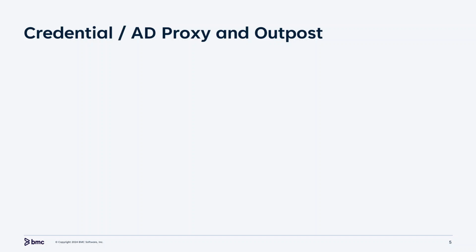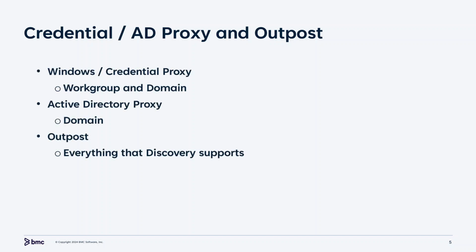So first is the credential proxy or AD proxy. For the detailed discovery of the Windows part of the target environment, BMC Discovery uses a Windows proxy, a discovery proxy that can be installed on any suitable Windows computer in the target environment.